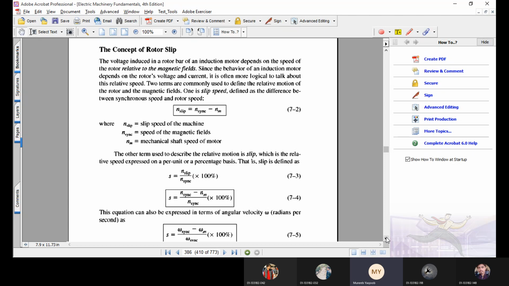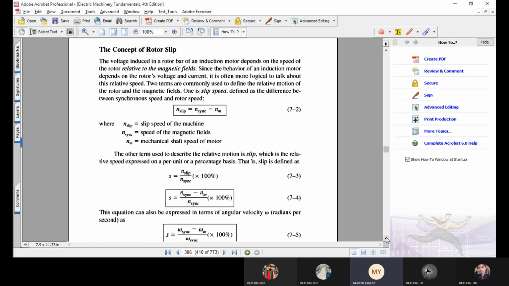So the maximum value of slip is 1. Now coming to the other extreme, when the rotor is rotating at synchronous speed, slip becomes N synchronous minus N synchronous whole divided by N synchronous, that is 0 divided by N synchronous, that is 0. So the minimum value of slip is 0.